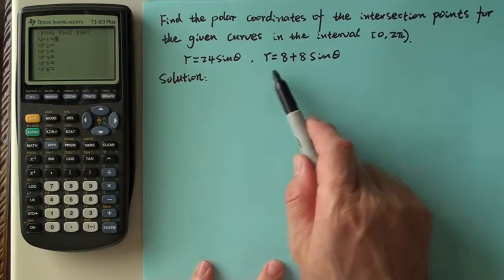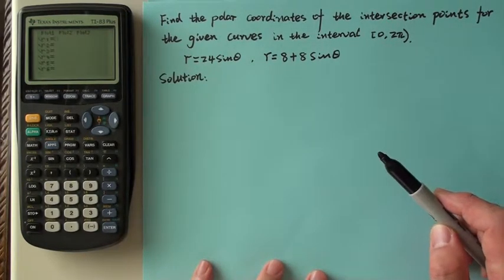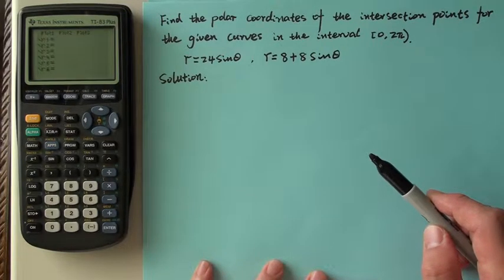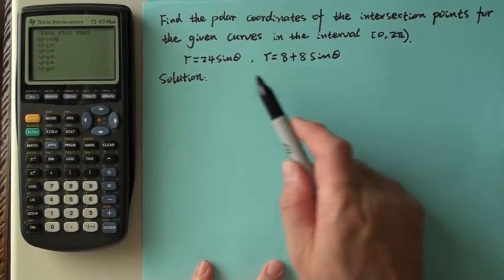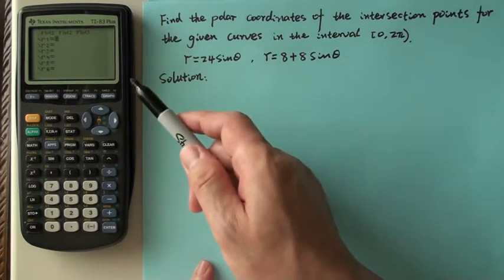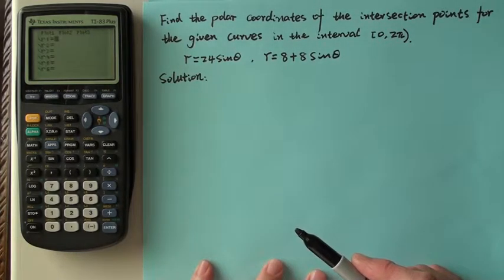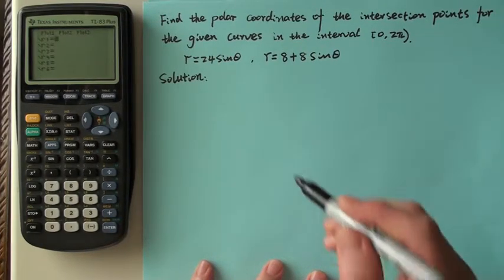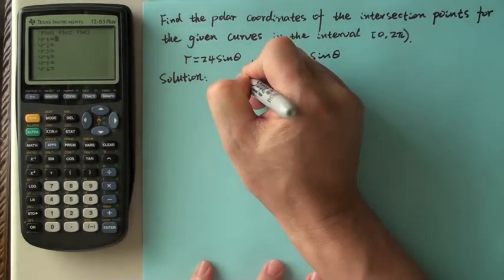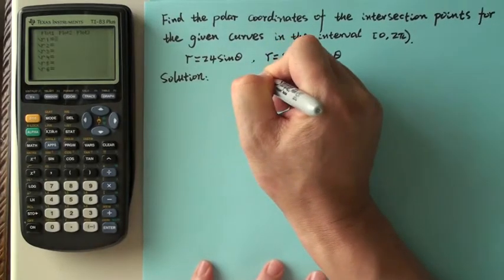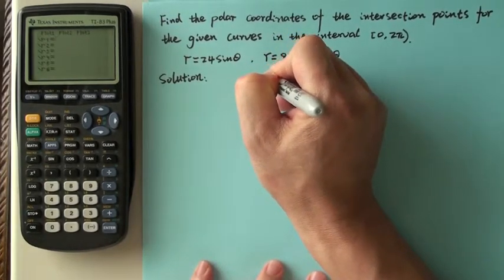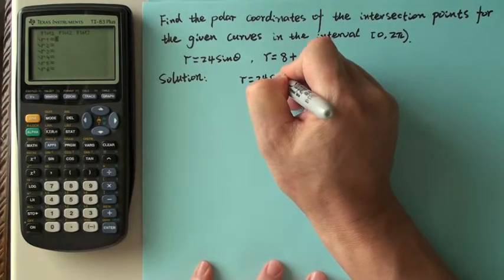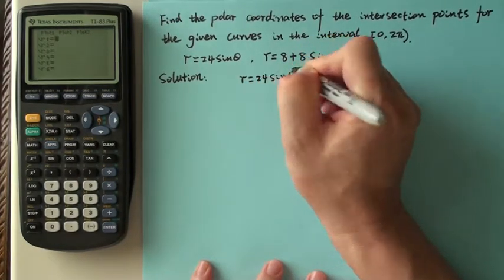We need to solve this algebraically. Of course, if you want to draw the picture, you can use a TI-83 calculator. So let's do it first in the algebraic way. Here the first equation is r equals 24 sine theta.